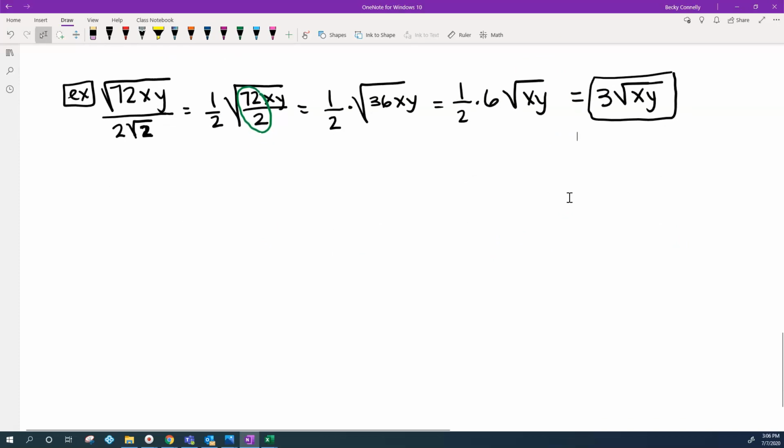All right, let's go and talk about rationalizing denominators now, because that's going to be a big part of what you're going to need to understand how to do.